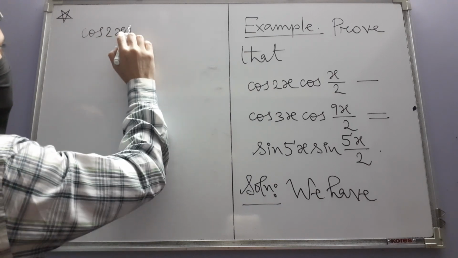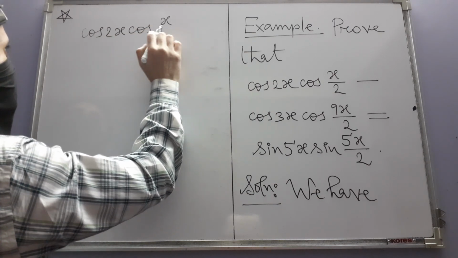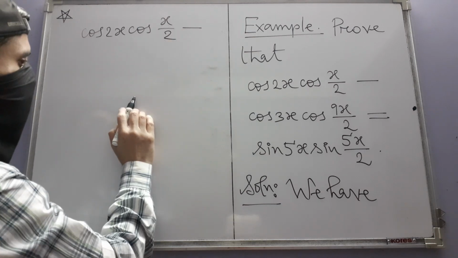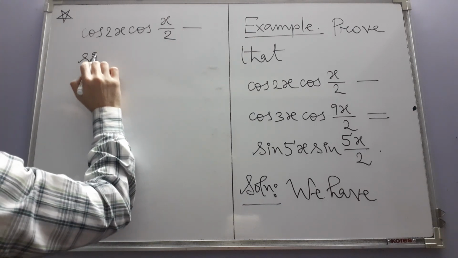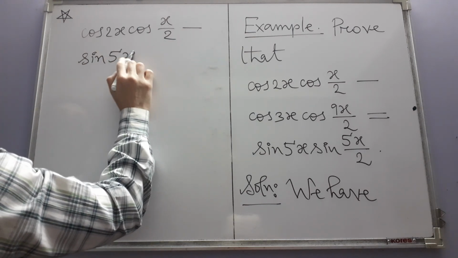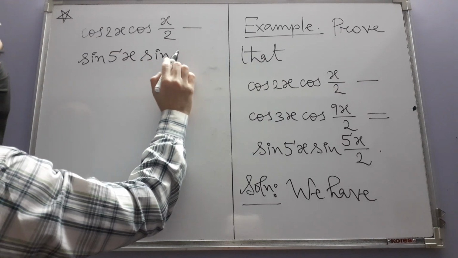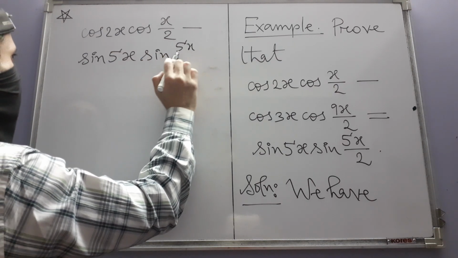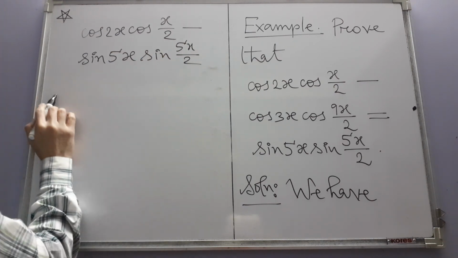Cos 2x cos x over 2 minus cos 3x cos 9x over 2.